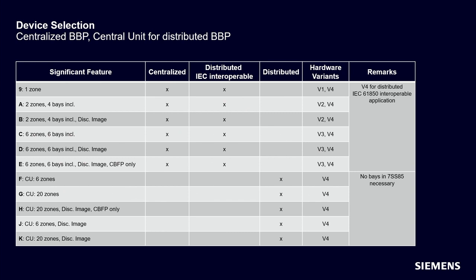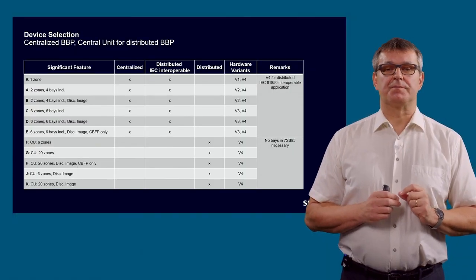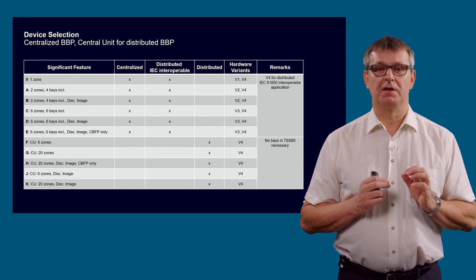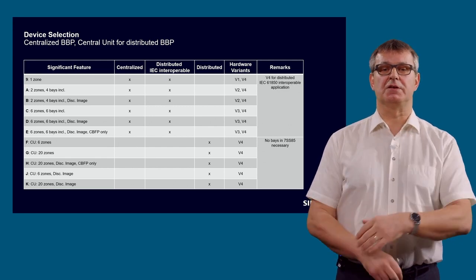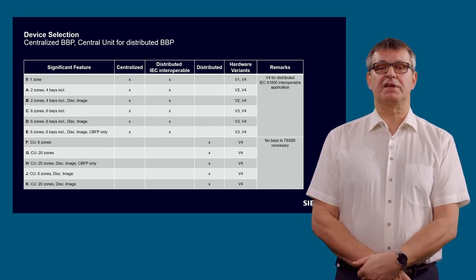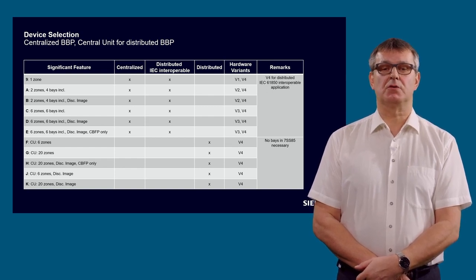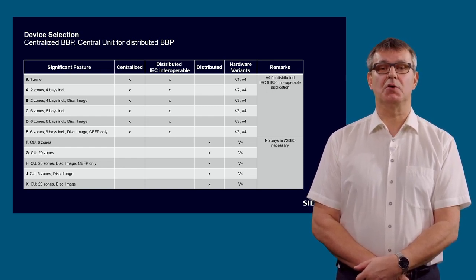And also you see here how many bays in the distributed approach you have available. With significant feature A, we have 4 bays included. With C and D and E, we have already 6 bays included. The hardware variants, which you will see on the right of the slides, oops, now I don't see any slides anymore.